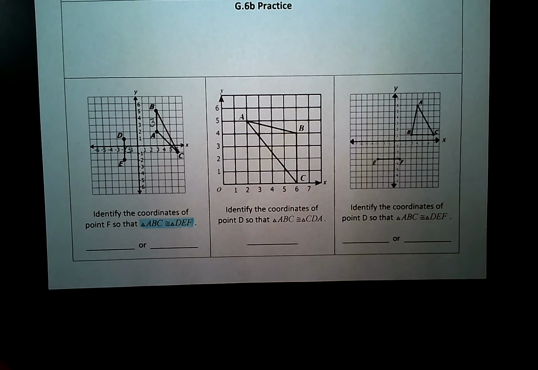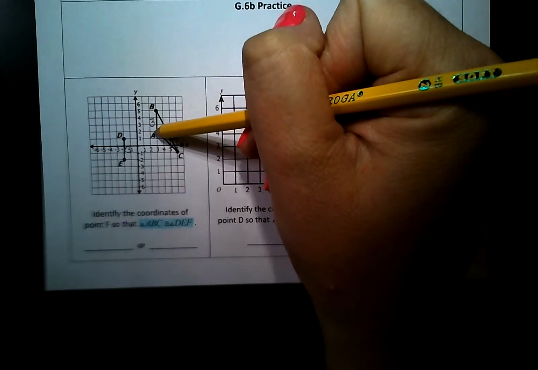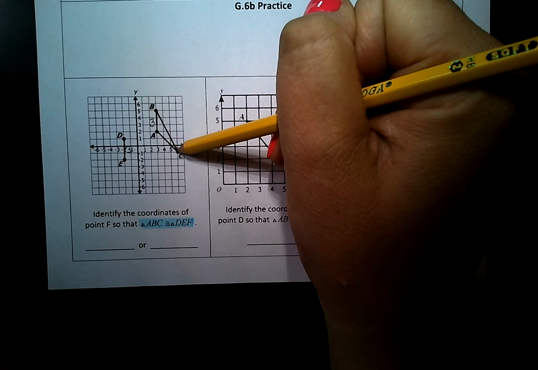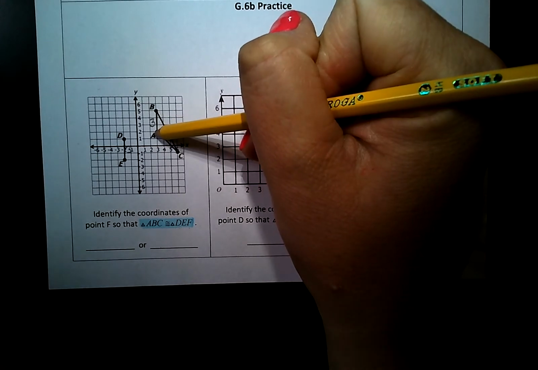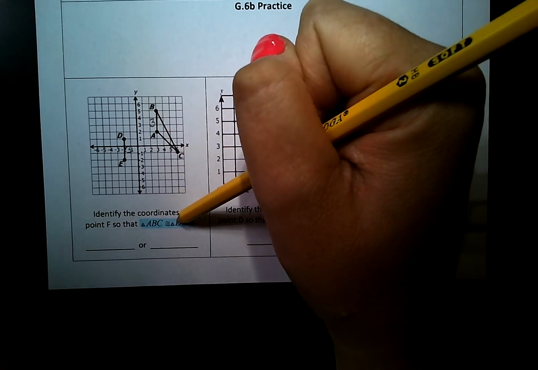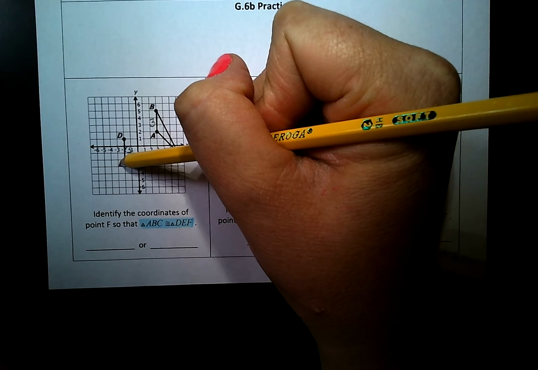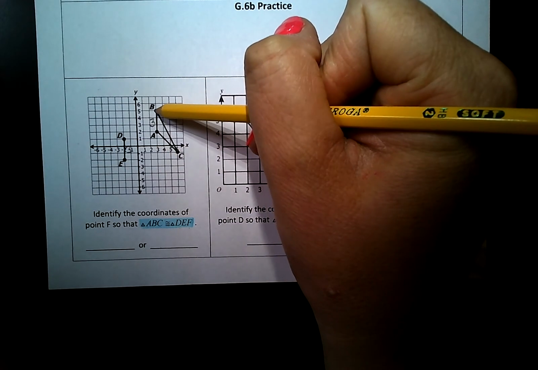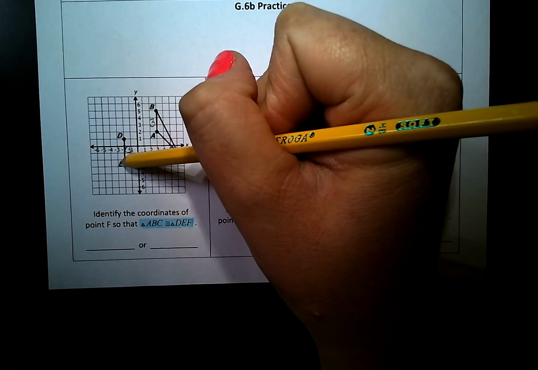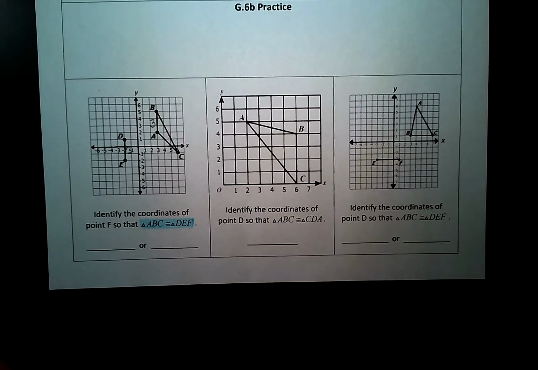So here's some things that I noticed. Here I'm working A, B, C. So I'm going from A up 3 and then down to C, versus D, E, F, I'm going down. So A to B goes up, but D to E goes down. So I think my triangle has been flipped upside down, okay?